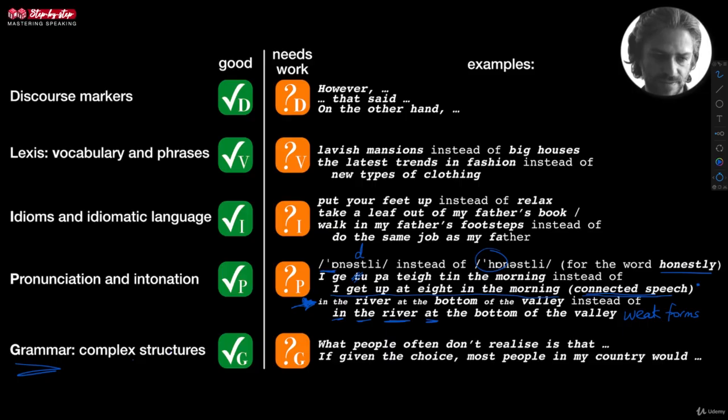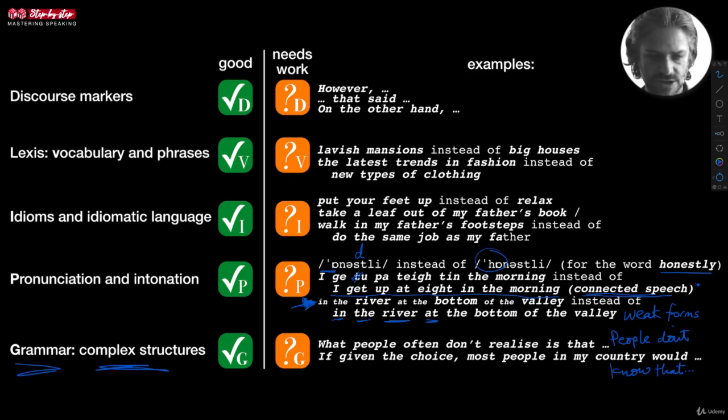And then finally, grammar, focusing especially on complex structures, unless you're using simple structures for effect. So you could say something like, many people don't know that Bangladesh is famous for whatever.